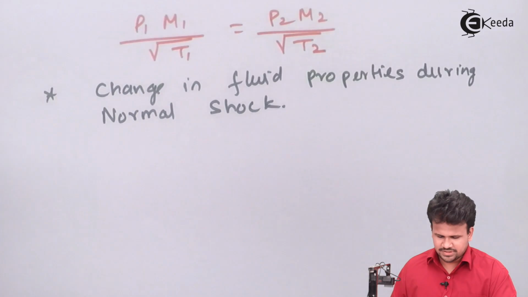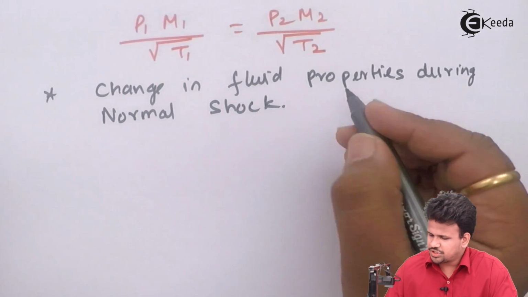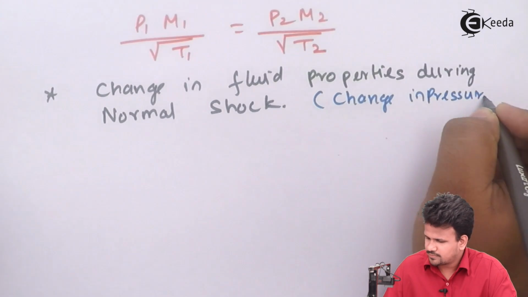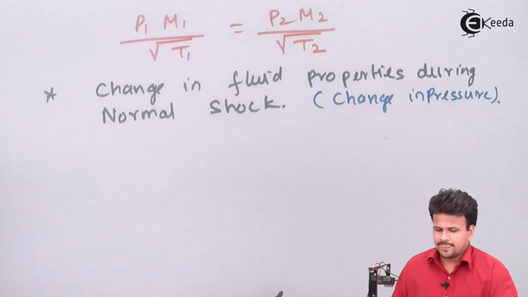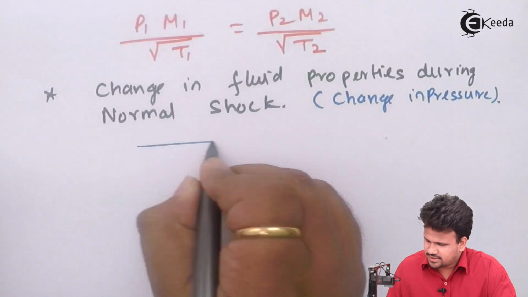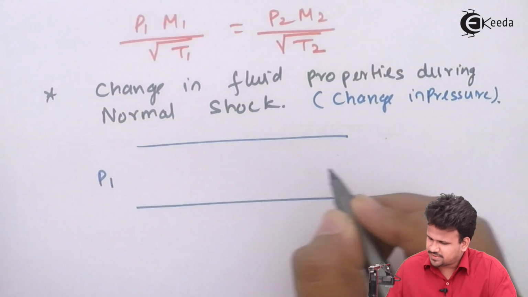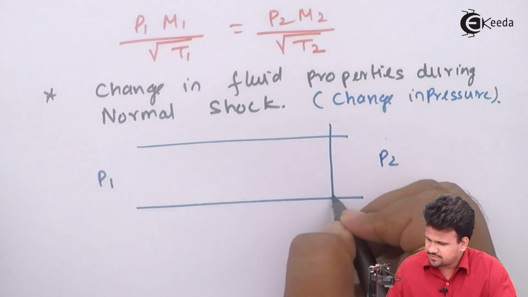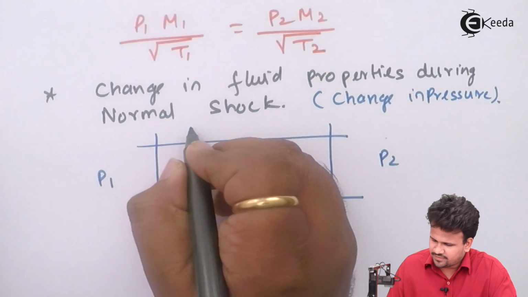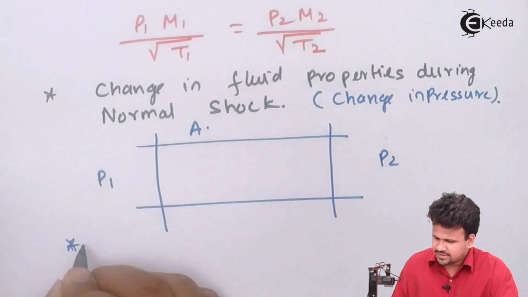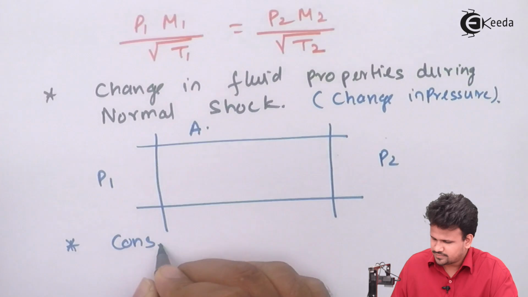The first property change we'll see will be the change in pressure. So for change in pressure, we'll consider a duct. In this duct, the initial pressure is P1, the final pressure is P2, and the area of cross section is A. So over here we'll apply conservation of momentum.